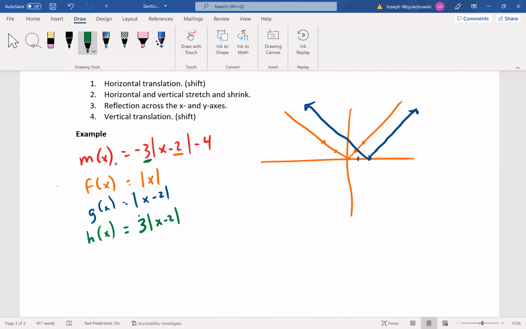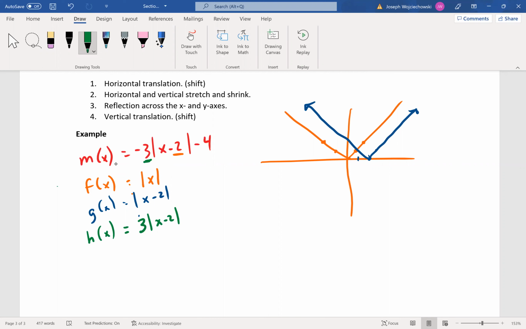If a is 3, a is greater than 1, it's a vertical stretch. So x stays the same, y is a times y.